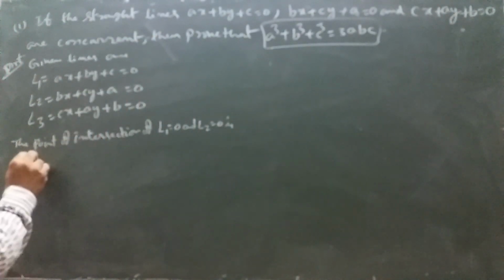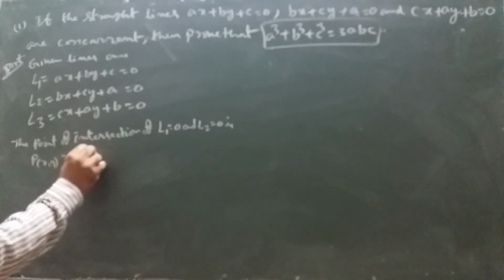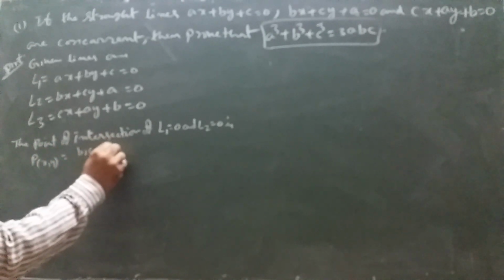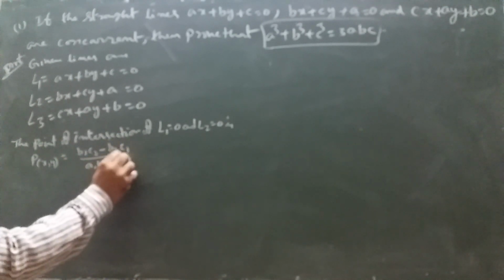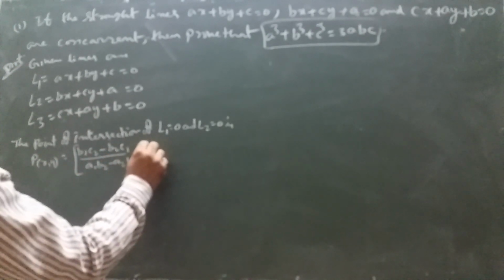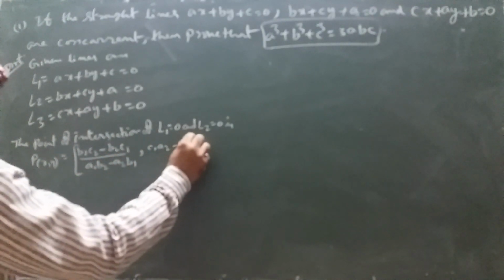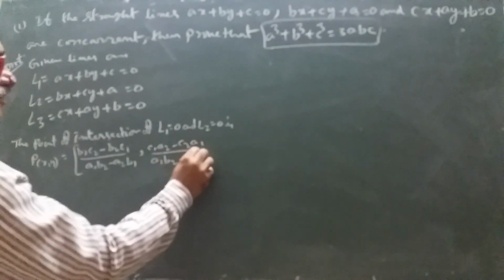The formula is P(x comma y): b1 c2 minus b2 c1 by a1 b2 minus a2 b1, comma, y coordinate is c1 a2 minus c2 a1 by a1 b2 minus a2 b1.